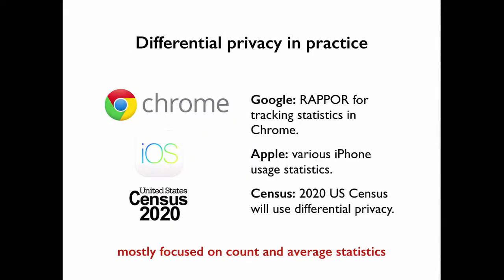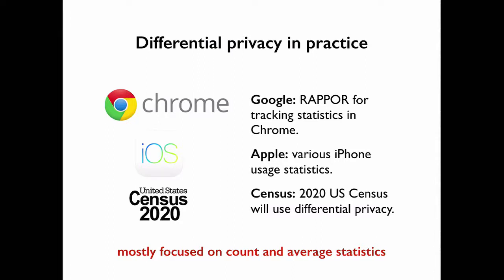Okay. So where is differential privacy used in practice? Here are three major examples. Google has a system called RAPPOR, which tracks certain user statistics in Chrome. Apple has implemented differential privacy in iOS 10, and this particular implementation also looks at user statistics.